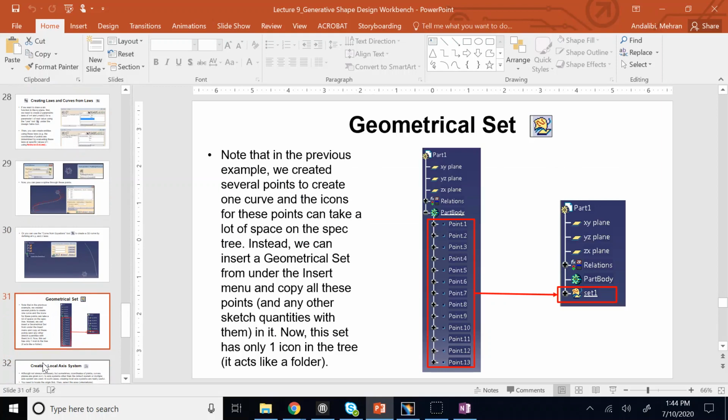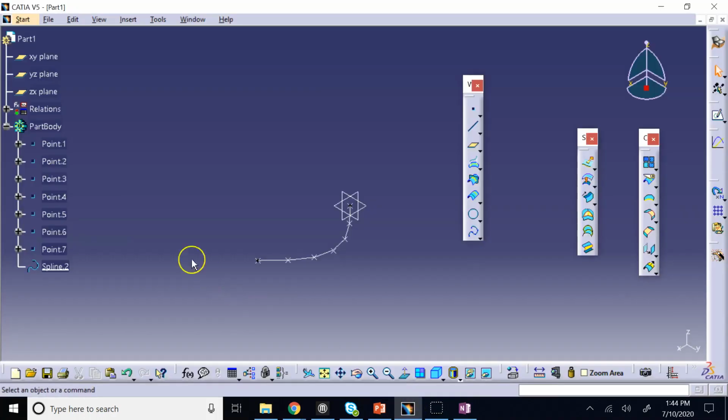Another important, advanced thing that I want you to learn is geometric sets. So geometric sets are like folders where under the folder you can have all sorts of different components. Okay, so here, let's say I use like 100 points to define my spline, right? Now, if I use 100 points here to define this curve instead of 7 points, then you see on my tree, I'm gonna have a very, very long tree, right? Because there are just 100 points on it.